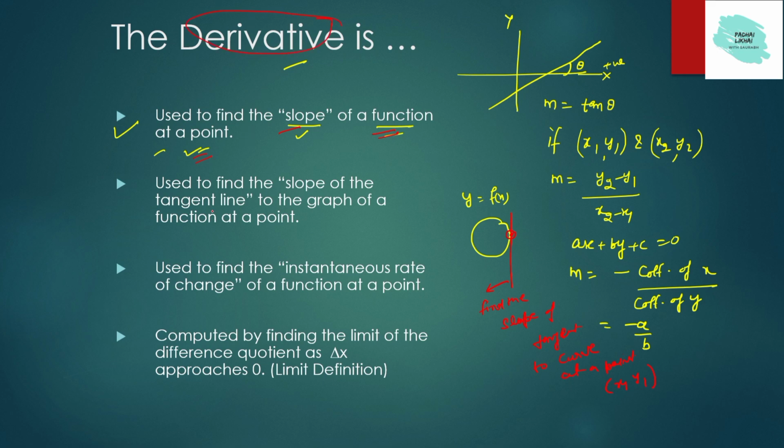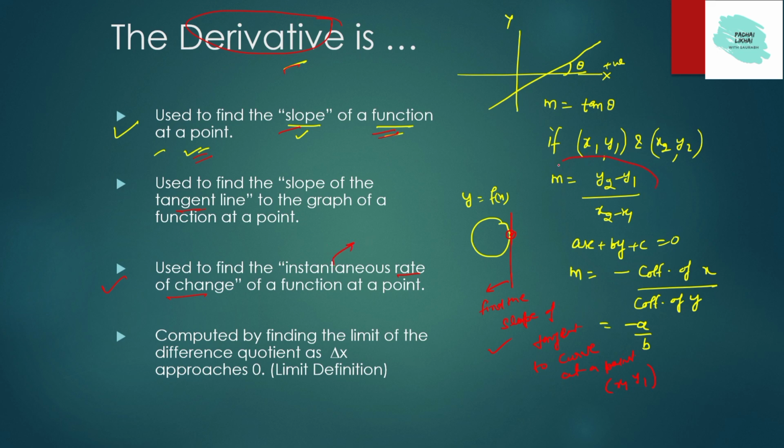Another thing, the derivative can be used to find the slope of the tangent line, as I told you here. Further, the derivative is also called the rate of change.